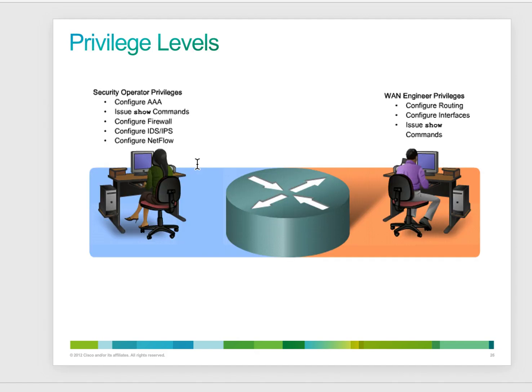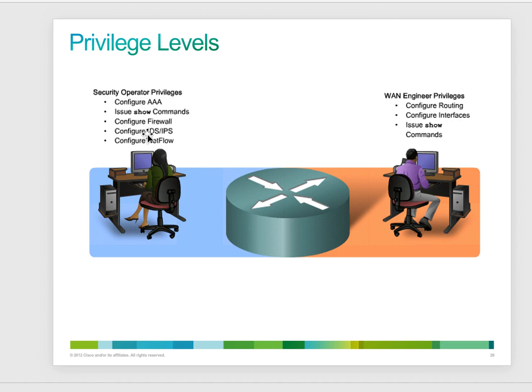Okay? Now, for example, look at the privilege levels. This is security operator privileges. A security operator is allowed to configure AAA, that's authentication, authorization, and accounting. So it's allowed to have access to configuration of this. Issue show commands. You're able to put show commands to see what is running, what is not running. Configure firewalls for the IT staff and all this.